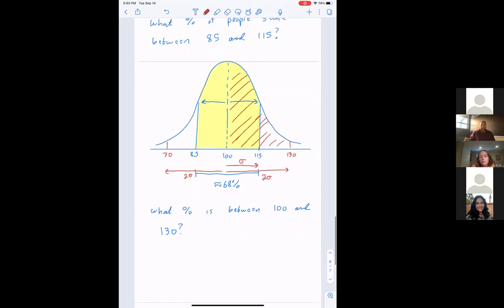So let's try it again, and this time no noises, please. Let's do the following question. What percent is less than 115? So the answer to this was 47.5. Okay, without spoiling, I want everyone to think about it.